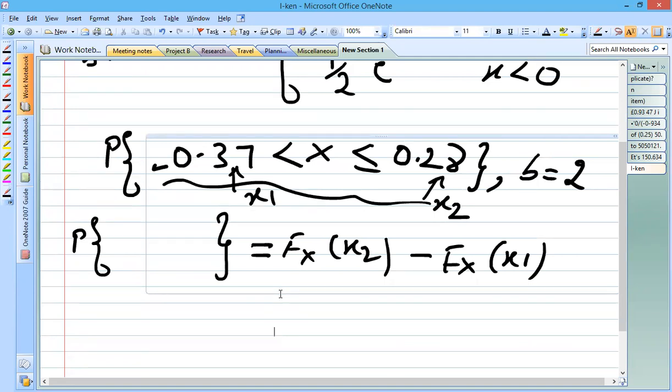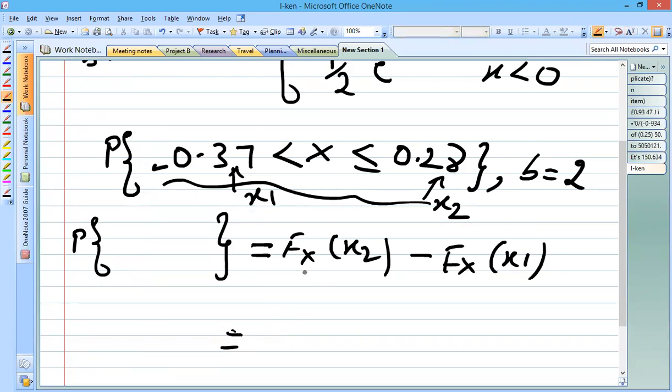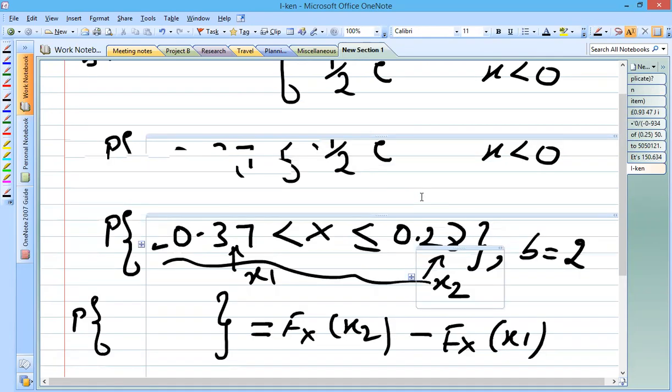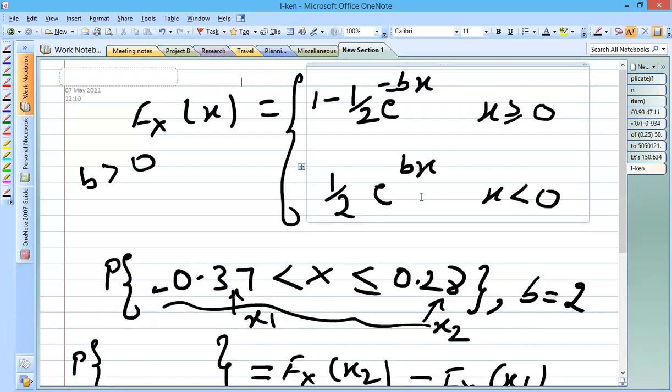So here you can see that for the first term, F_X of x2, x2 is a positive value. That is nothing but the value of x is greater than 0. So here, as we can see from the CDF equation, for x greater than 0, it takes the value 1 minus 1 by 2 e to the power minus bx.